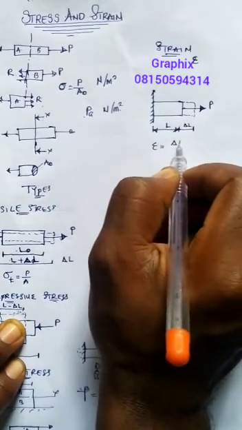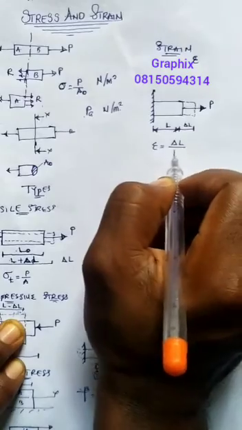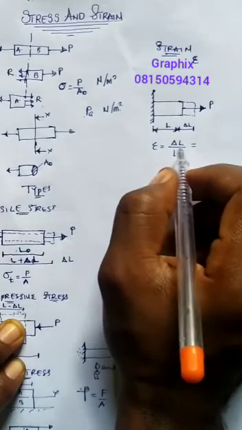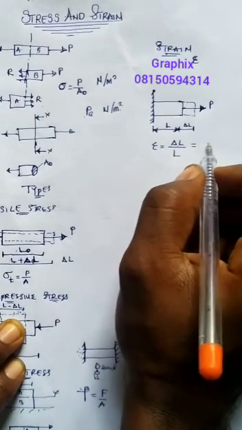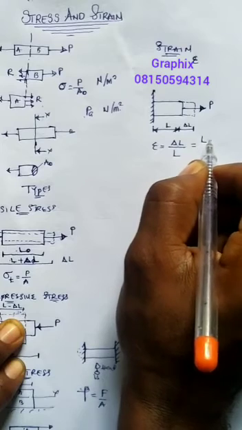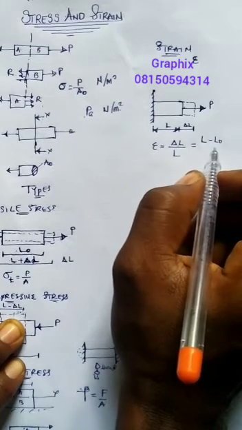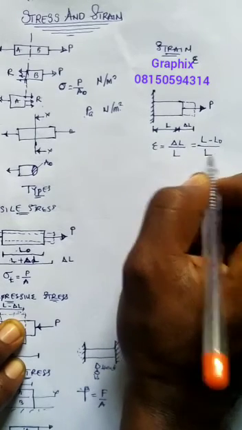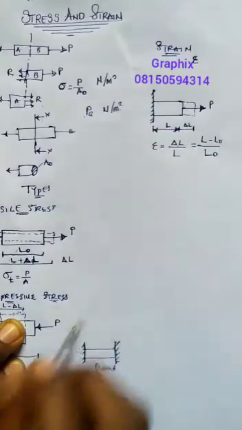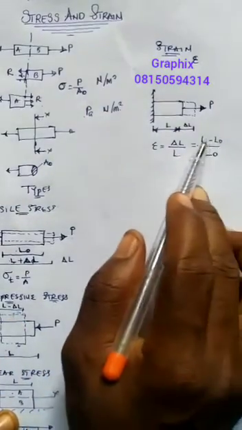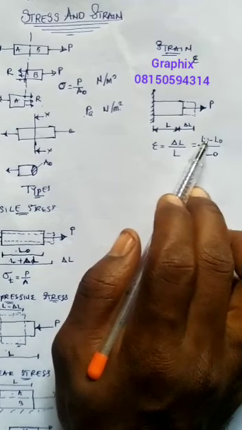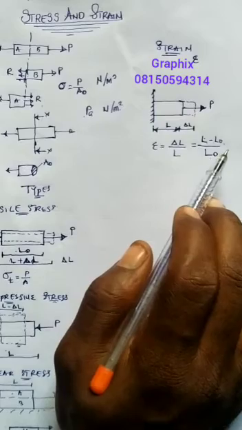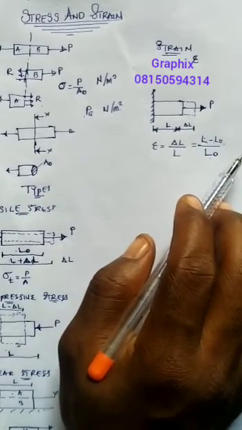The change in dimension over the original dimension. So we can put it this way: L minus L naught, all over L naught. Is that taken?